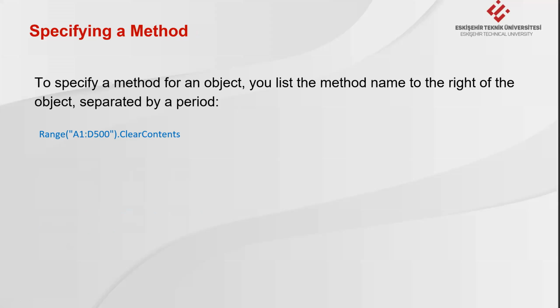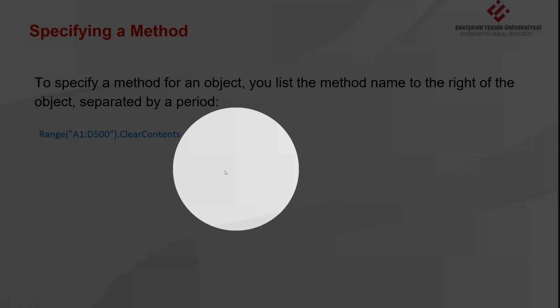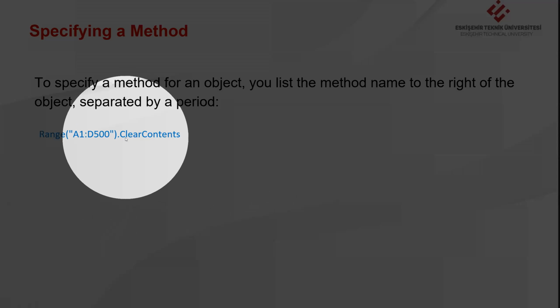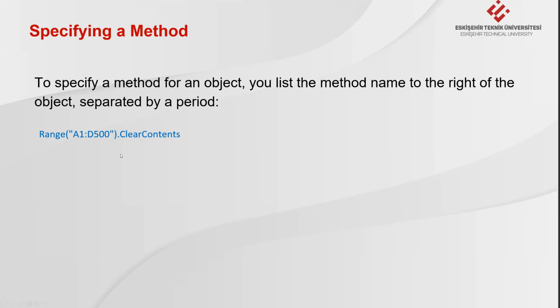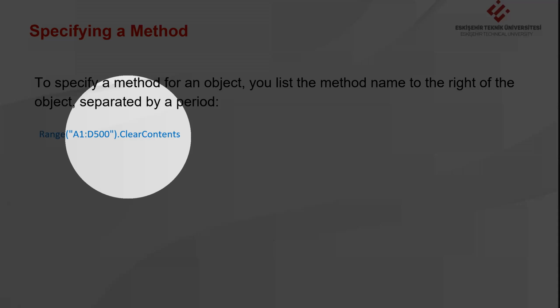We can specify a method as well. To specify a method for an object, you list the method's name to the right of the object, separated by a period. For example, you can have an object like this, and maybe it has a method ClearContents, and you use a period, and then you use the method's name.